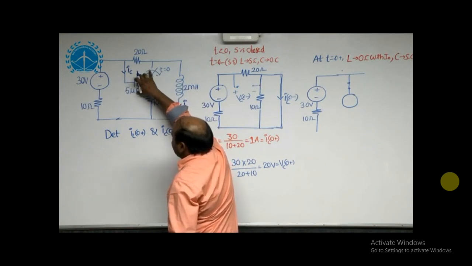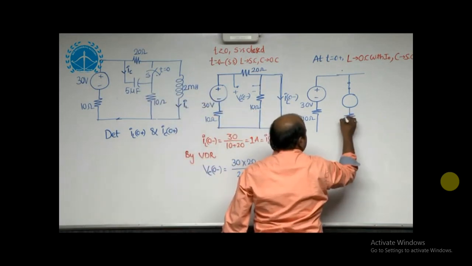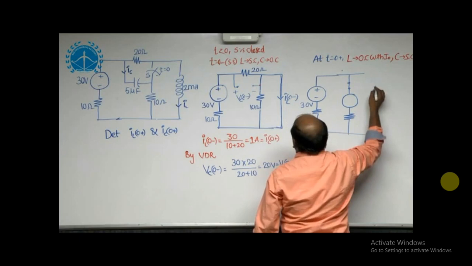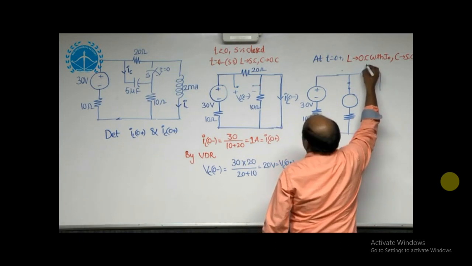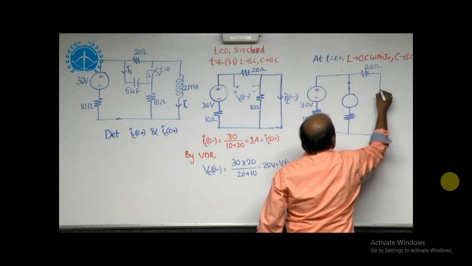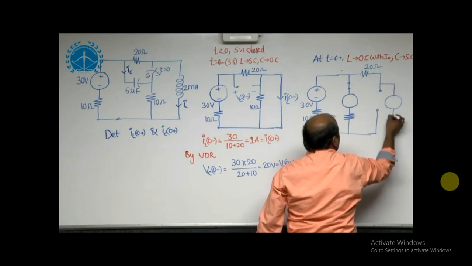Then that capacitor voltage source and the 10 ohms are both connected in series. This is the circuit at that instant. This 20 ohms is as it is. The inductor we need to replace with an open circuit with a parallel current source.